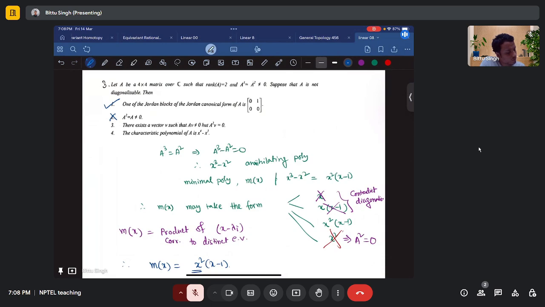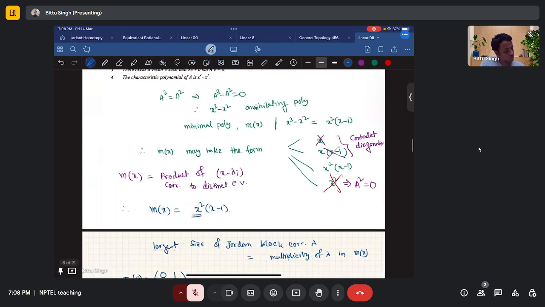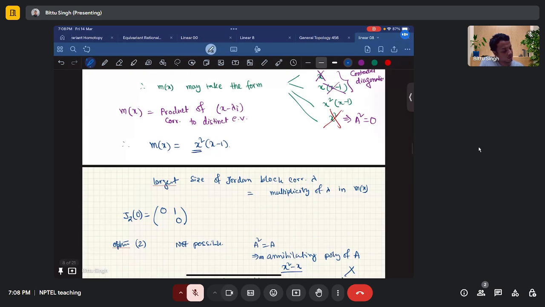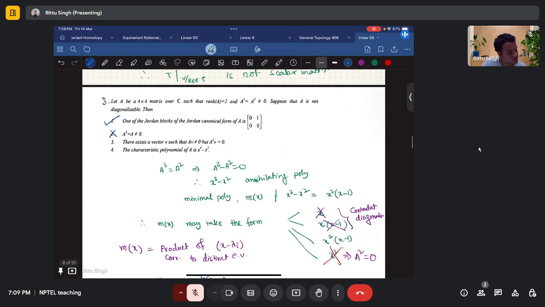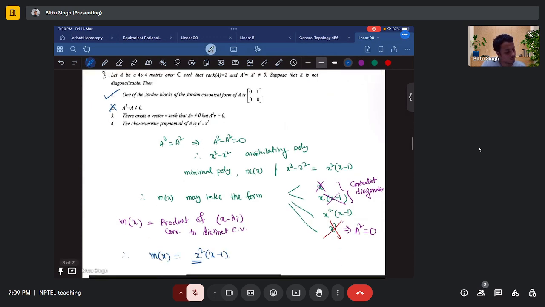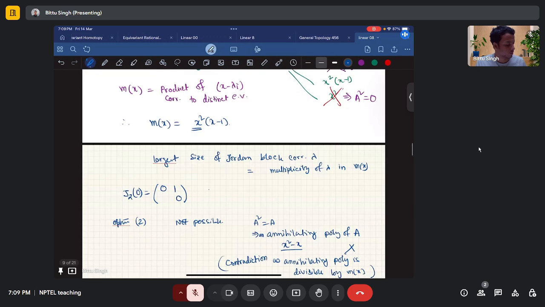There exists a vector v for which Av is non-zero but A squared v equals 0. Since this 0 1 0 0 appears, it should be clear that there will be some vector for which this is true.